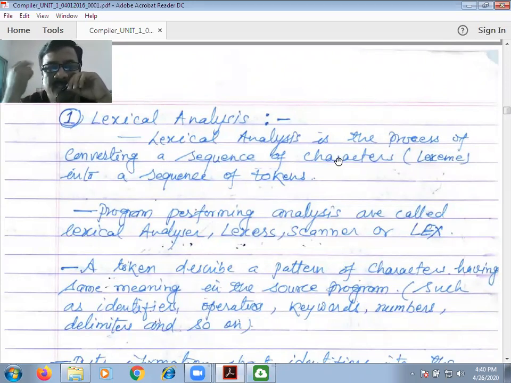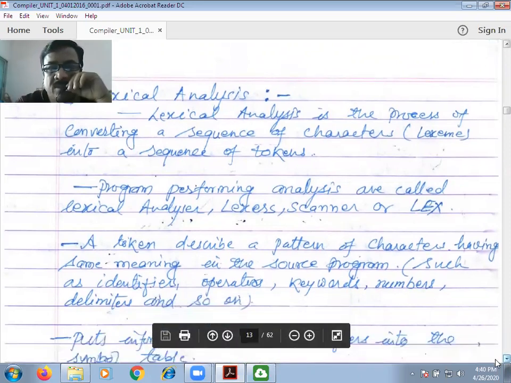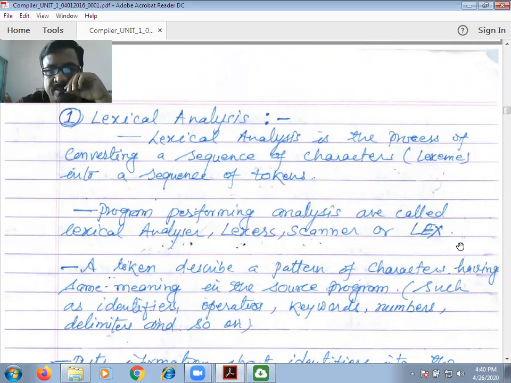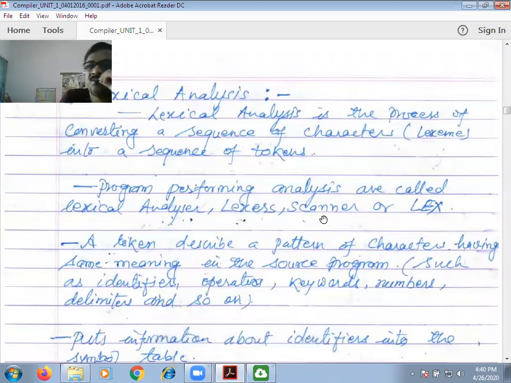This lexical analysis phase has different names. It is the lexical analyzer. You can call it a lexer, scanner generator, or only lex. The output of this lexical analyzer is the token.